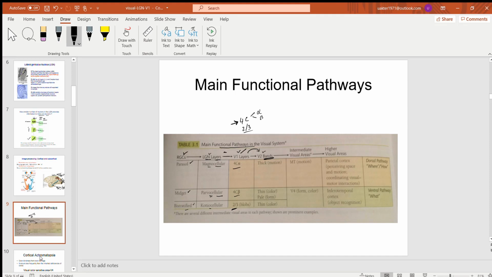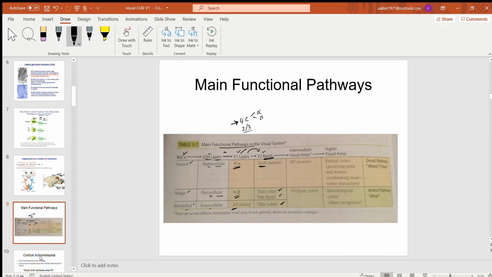Thick bands receive input from 4C alpha, and thin bands and pale bands receive input from 4C beta, and the thin bands also receive input from layers 2 and 3.